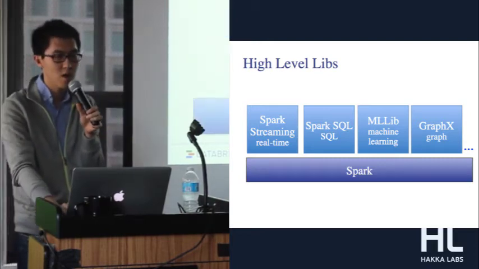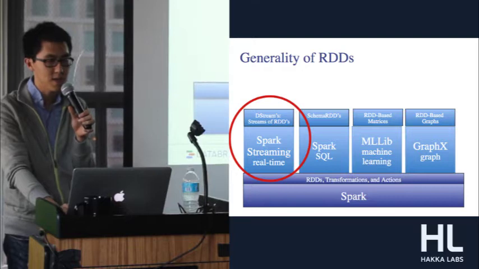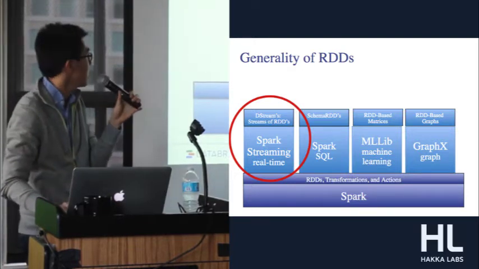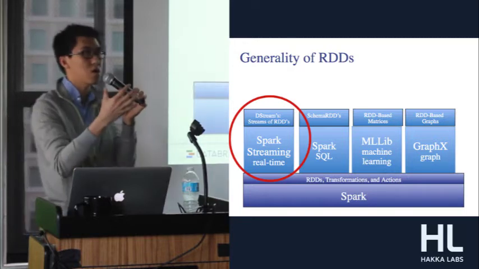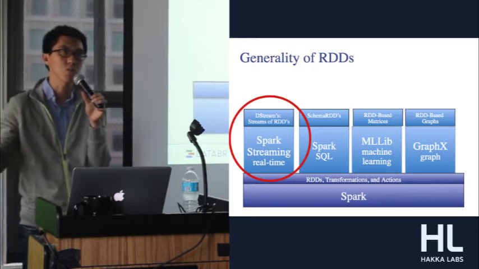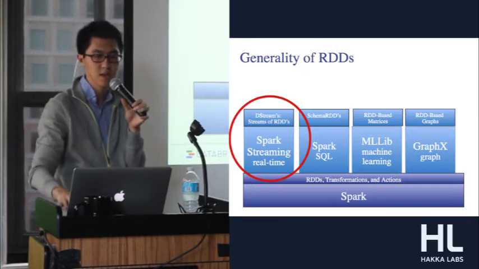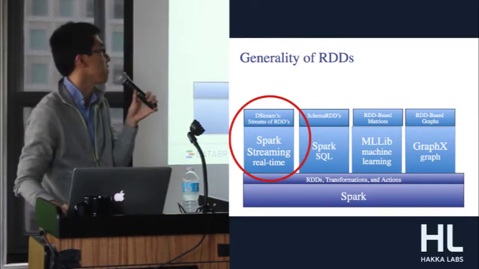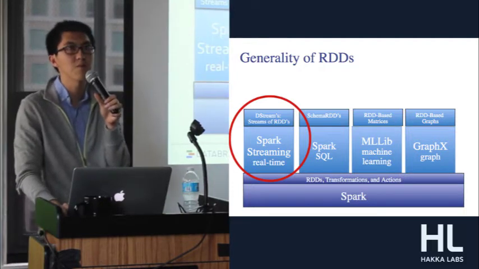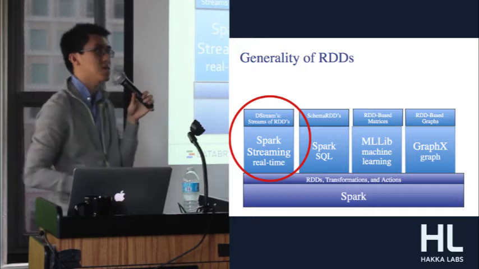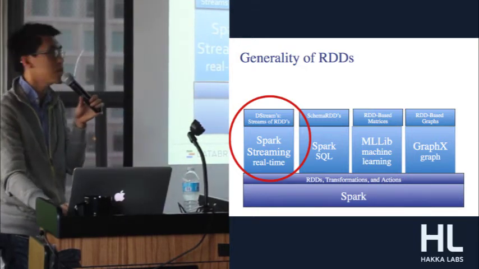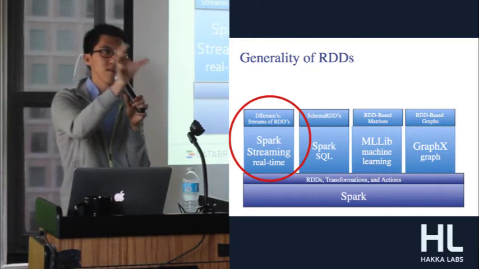But essentially, let's walk through them one by one. The core idea of all these libraries is that in Spark Core, we provide the essentials to the programming abstraction called RDDs, which is essentially just distributed datasets, along with transformations. And then on top of them, we have designed all these high-level libraries that map very nicely to distributed collections. So for example, in the case of streaming, what you get is time-sliced distributed collections.